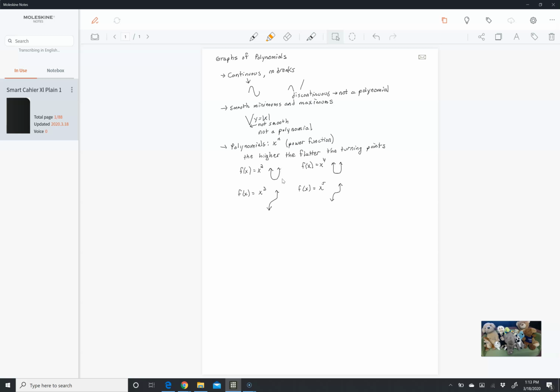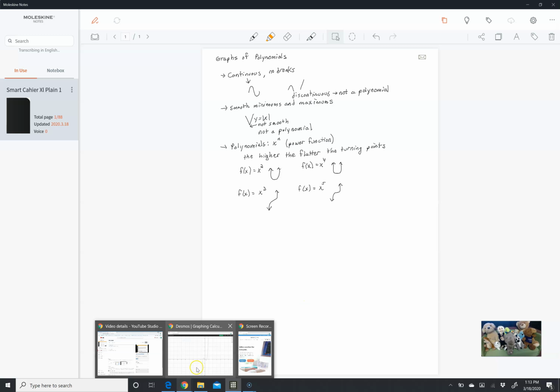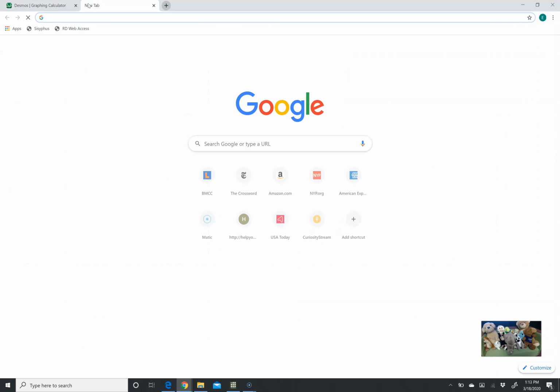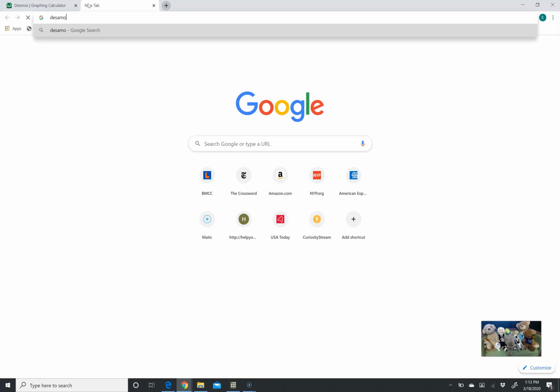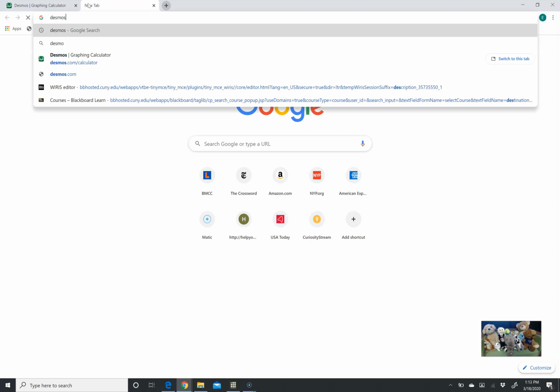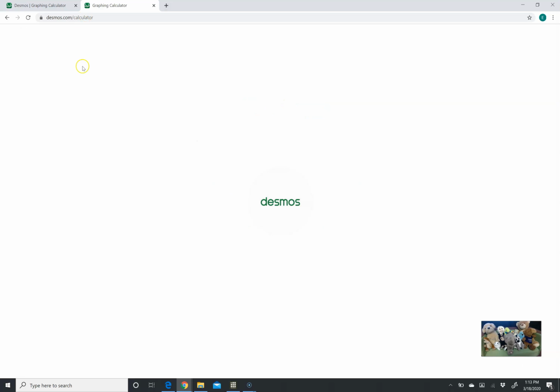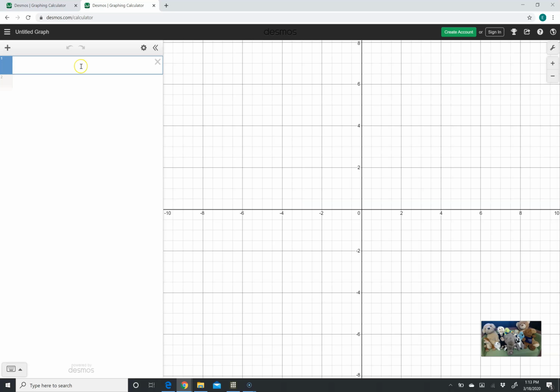Let's go into Desmos and take a look at that so that you can see what it looks like. I'm going to add a new window here. Sorry, my internet can sometimes be a little bit slow.